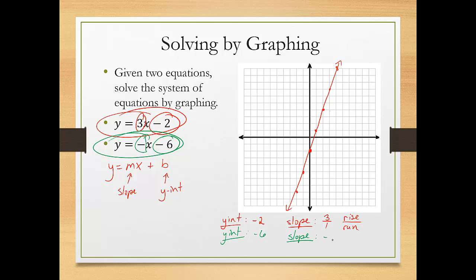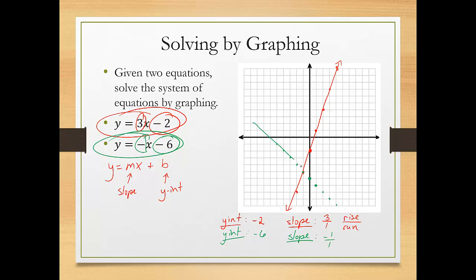And so we have -1 over 1 for rise over run. So start with your y-intercept. From your origin, go down 6. Your slope is -1 over 1, so we're going to go down 1 because it's negative, and right 1. Down 1, right 1, etc.